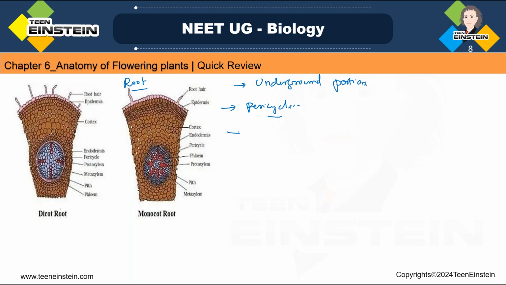Then what about cambium? At the time of secondary growth, cambium is developing in the dicots. So during secondary growth, cambium is developing in the dicot root, but cambium is absent in monocot root.